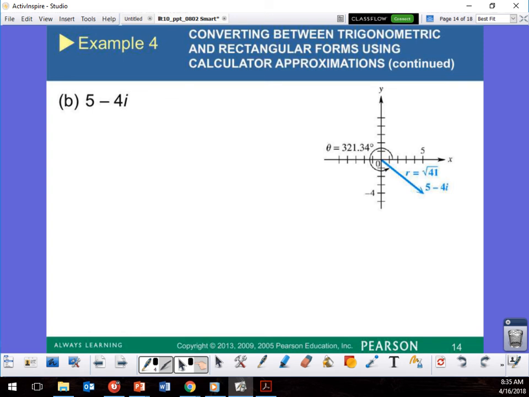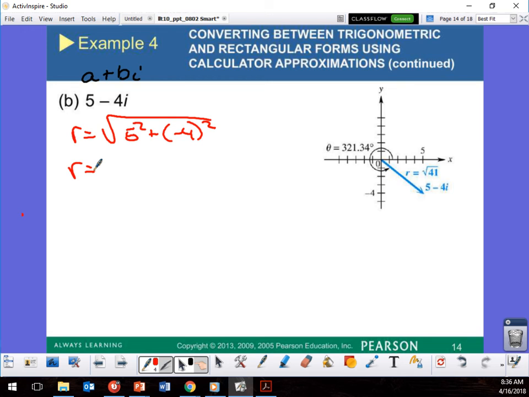Now this one right here, because this one is like this on the test. Let's start with this rectangular form. R is equal to the square root of 5 squared plus negative 4 squared.